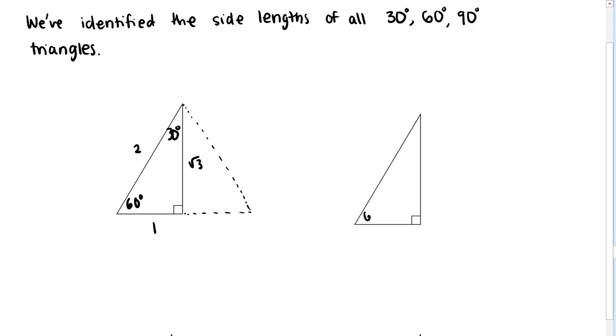And in general, if I have some side length s for the hypotenuse, by playing the same game, we can recognize that this shorter side length is just half of that hypotenuse, and this larger leg length is the square root of 3 over 2 times that hypotenuse.